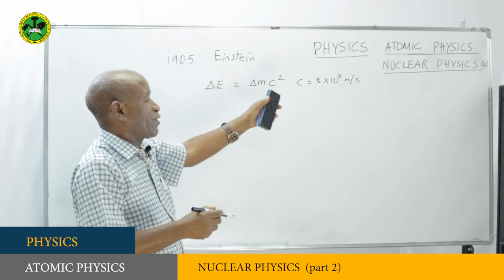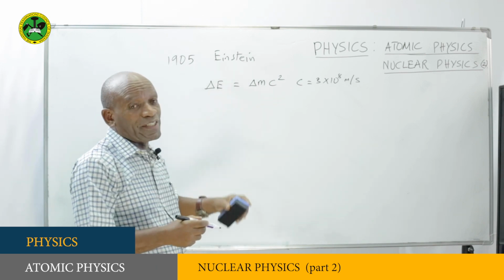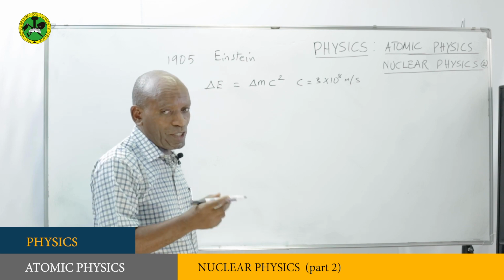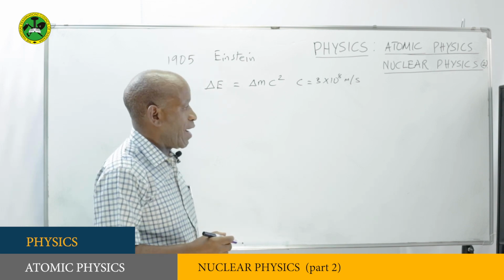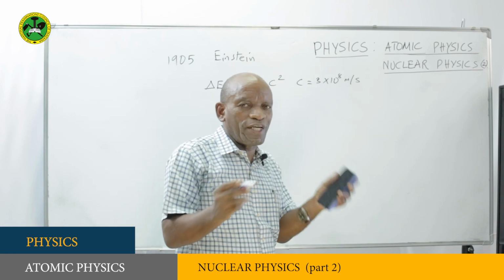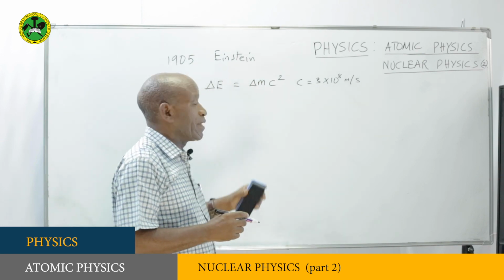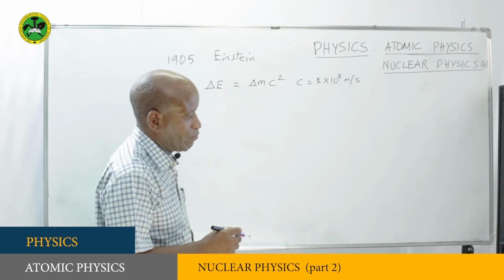Whenever you take the product of the two, you get the energy produced. This is what we call the energy-mass interchange, and it was developed by Einstein in 1905.